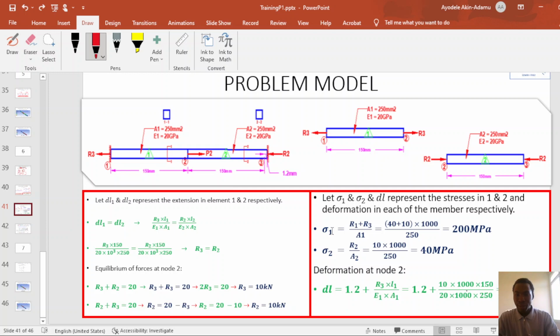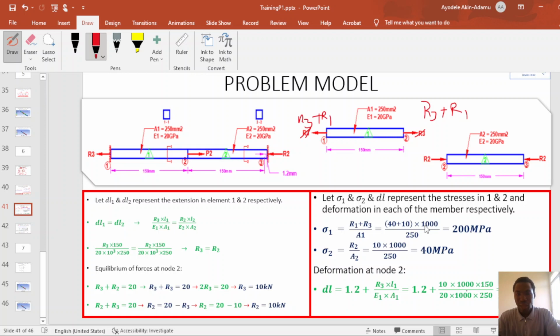So here is supposed to be R3 plus R1, let me write it. The same thing here, R3 plus R1. So finite element 1 is under 50 kilonewton load in tension.